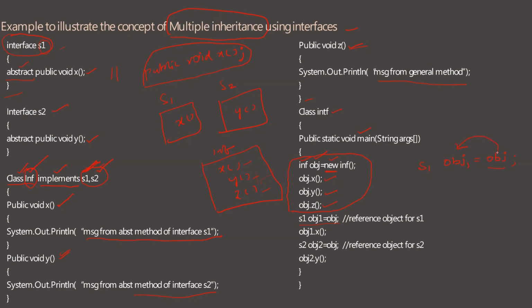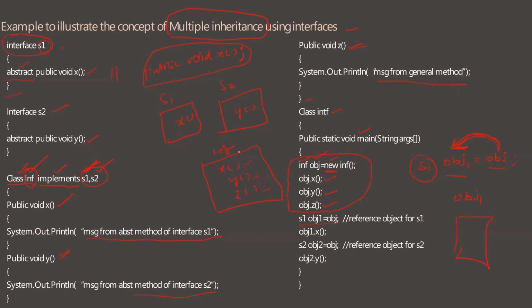So everything in this obj will be copied into obj1, based on a condition that only the properties related to S1 will be copied into obj1. So if I create obj1 here, okay, this obj1 consists of all the things copied from obj to obj1.